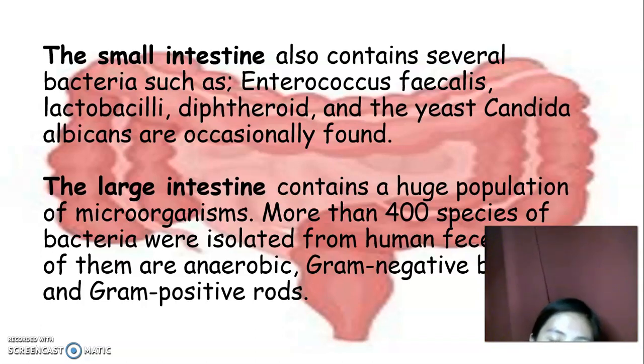Second is the large intestine, which contains a huge population of microorganisms. More than 400 species of bacteria were isolated from human feces. Most of them are anaerobic gram-negative bacteria and gram-positive rods.